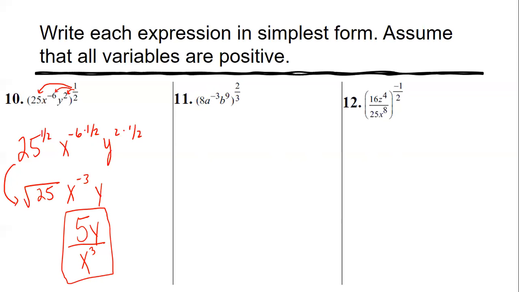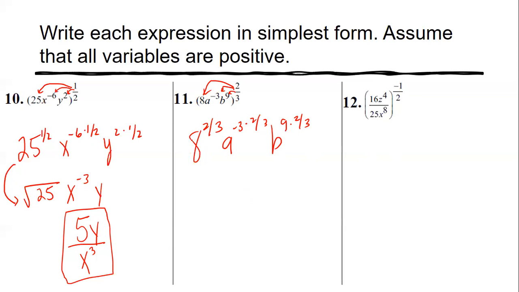Okay. So we have 8, a to the negative 3rd, b to the 9, all to the 2/3. So we're going to distribute: 8 to the 2/3, a to the negative 3 times 2/3, and b to the 9 times 2/3. 8 to the 2/3 means that I am taking the cube root of 8 and then I am squaring it.